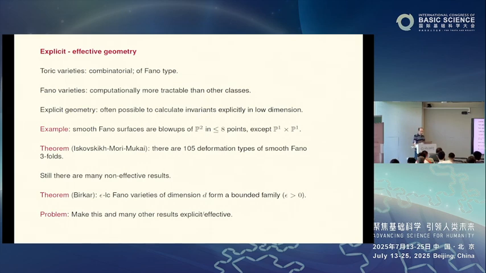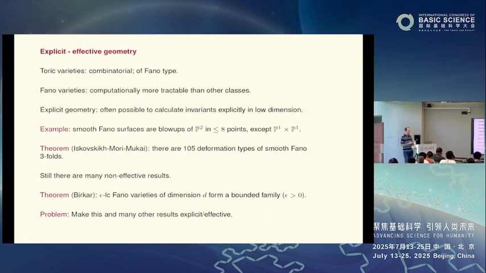So just as an example, if you look at all the Fano varieties of a fixed dimension and with one type of singularity, then we know that they form a bounded family. But we have no idea how large this family is. It's still very non-effective. Even in dimension 3, we don't know.